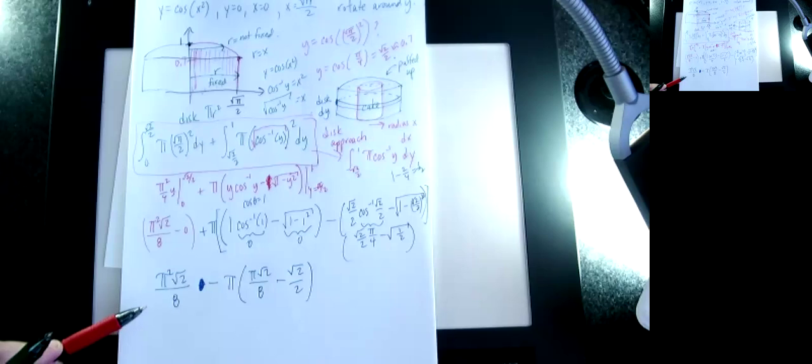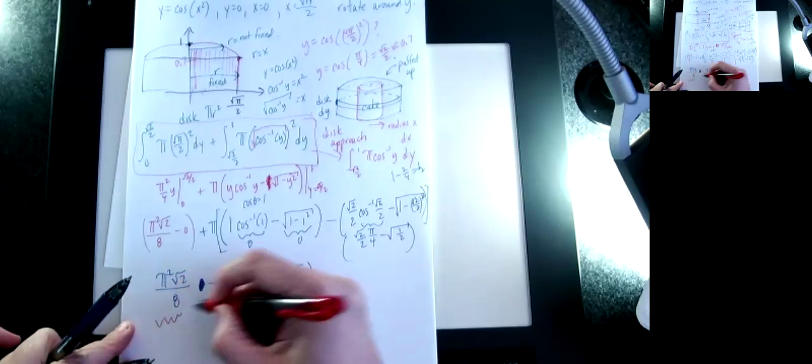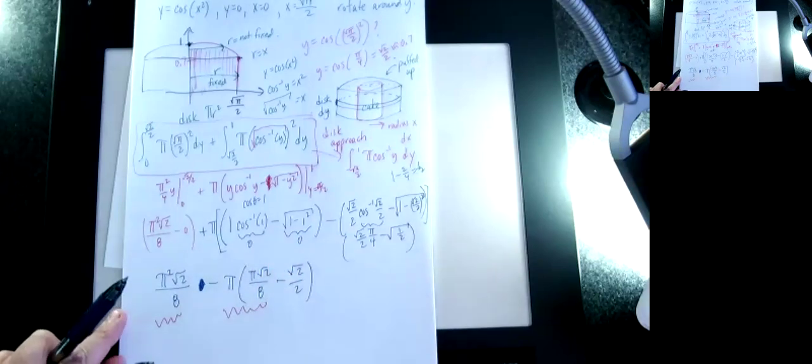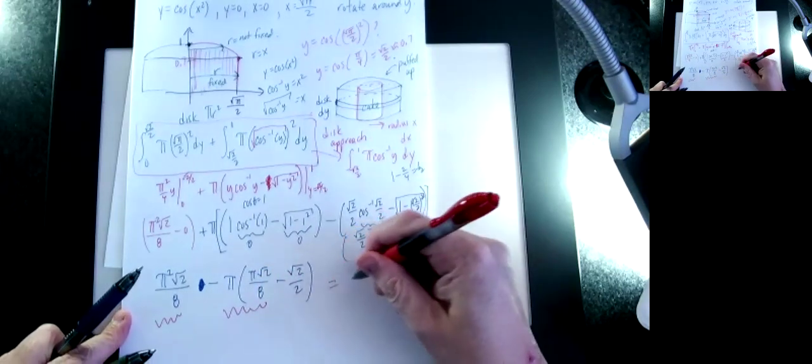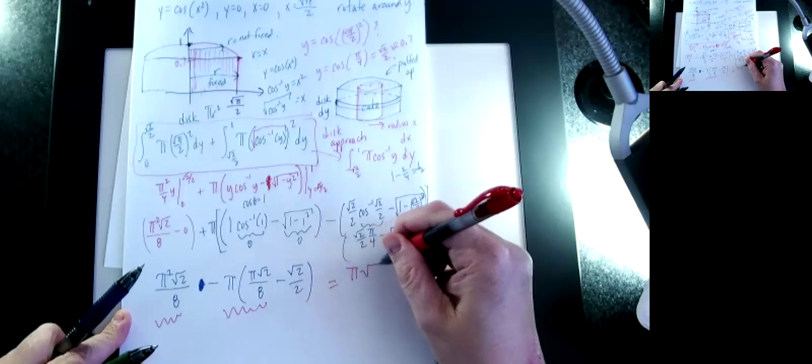And it looks like this one cancels this one. And all we're left with is pi root 2 over 2. Ugh. That was doing the disk method.